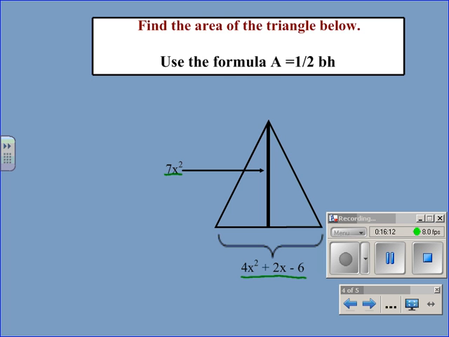I'm going to use a different color marker too because it's not writing dark enough for me. So let's start again. Area is equal to 1/2 the base, which is 4x squared plus 2x minus 6, and then we're going to multiply that times the height, which is 7x squared.